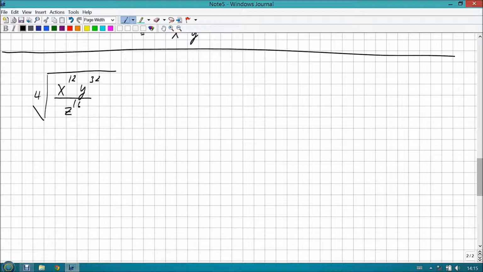So I go 12 divided by 4 is, of course, 3, so I have x to the 3rd. 32 divided by 4 is 8, so I have y to the 8th. And then 16 divided by 4 is 4, so I have z to the 4th. Pretty easy? Pretty easy. Just remember to do them one piece at a time.